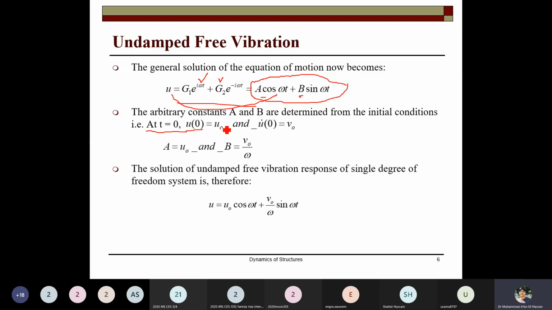When I put t equal to 0, u becomes A cos 0 plus B sin 0. Sin 0 cancels, so by solving this you get A equal to u naught, because cos 0 is 1 and sin 0 eliminates B. So the first solution gives A equal to u naught. For the second condition, you take the derivative.